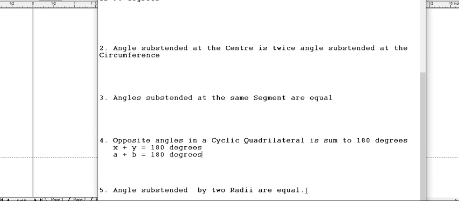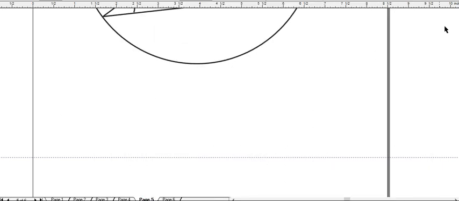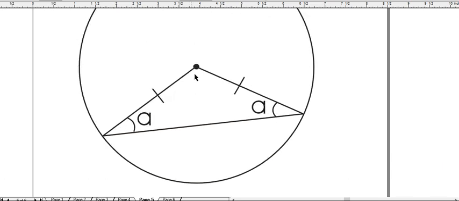So now let's continue. The fifth theorem says angles subtended by two radii are equal. Look at the two radii. The plural of radius is radii. Look at radius 1, radius 2. Another thing they use to depict equal angles in mathematics is a bar.